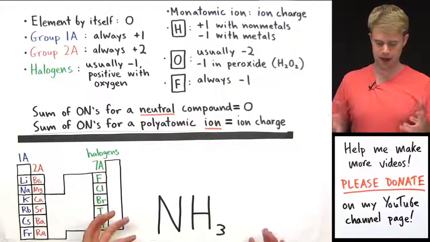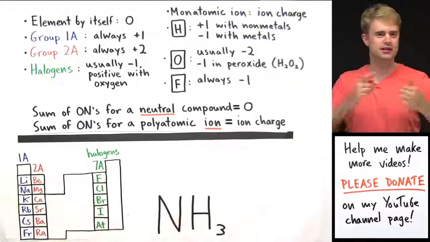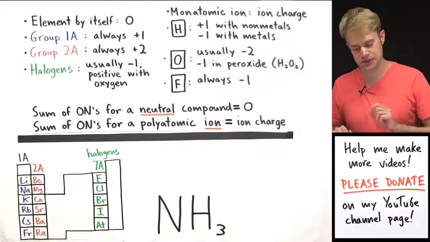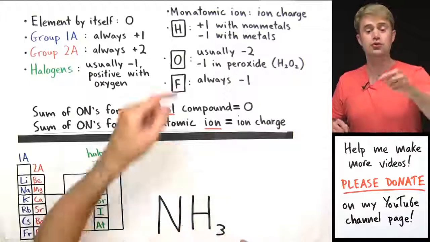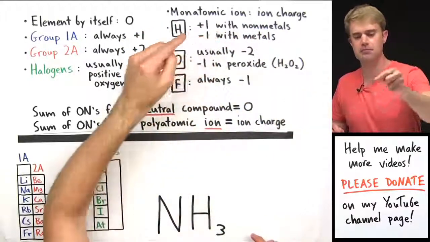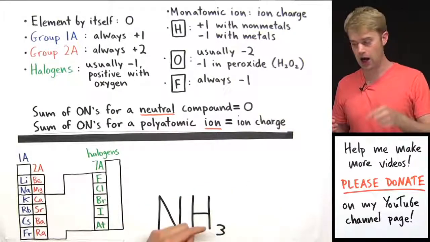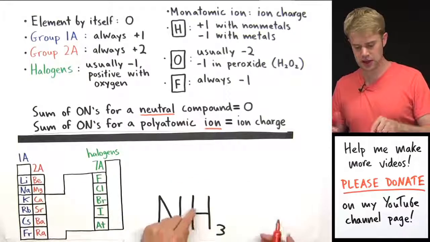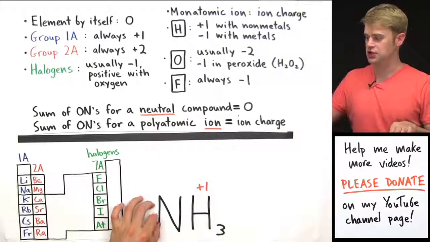NH3. Okay, N, there isn't any information about that. So just like in the last example, we'll have to figure out its oxidation number using what we do know. Here we've got hydrogen. There's a rule for hydrogen. Hydrogen is +1 with nonmetals and -1 with metals. Nitrogen is definitely a nonmetal, which means that in this case, hydrogen is going to have a +1 oxidation number.